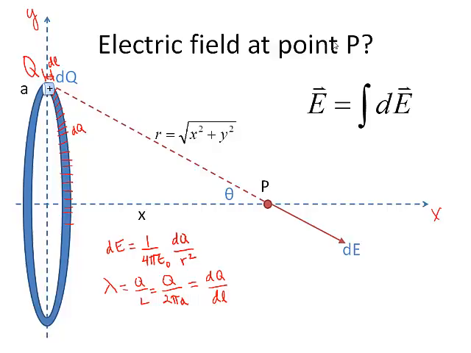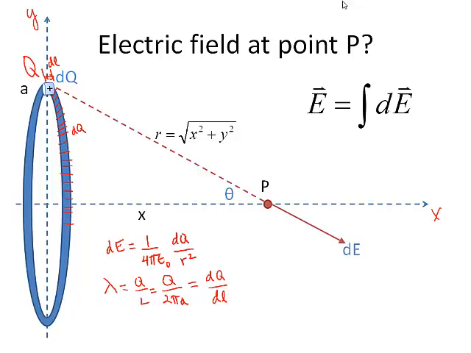So the direction of that force on the positive test charge would be indicated by this particular arrow, which I'll call dE, the electric field due to dq. In order to get the total electric field E, what we're going to do is actually integrate and add up all the little contributions of dE due to all the different dq's on the ring.